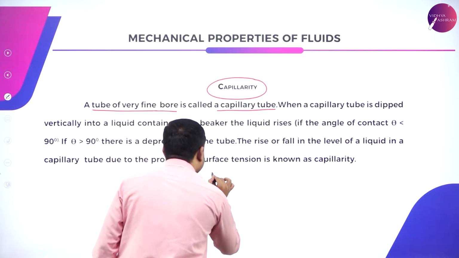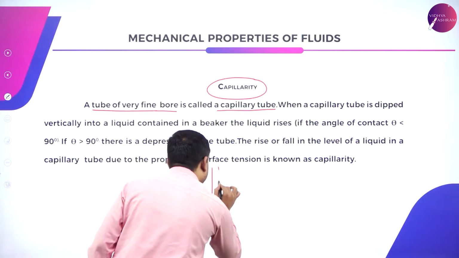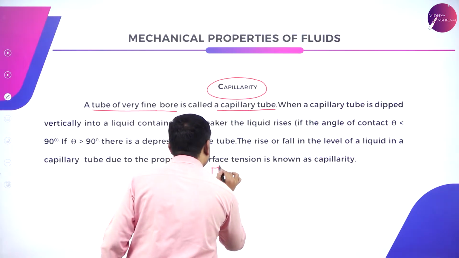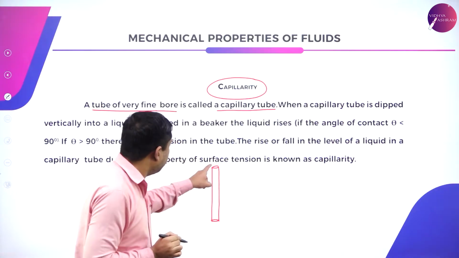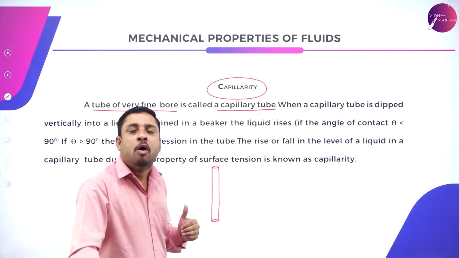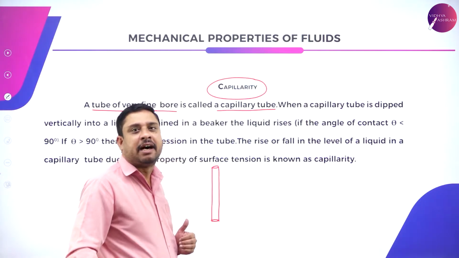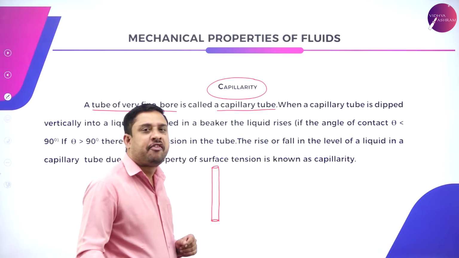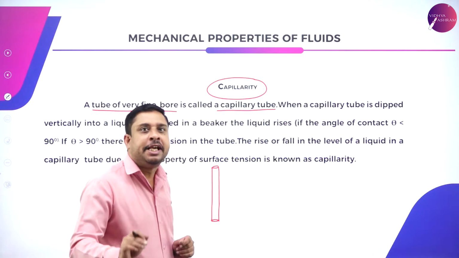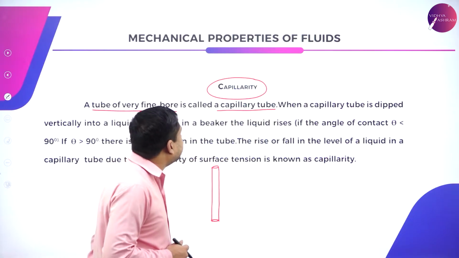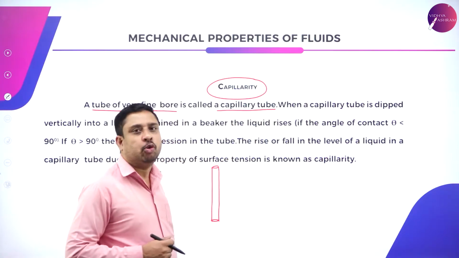So, suppose we have a tube of fine bores. Bores means openings. So a tube of very fine bore is called a capillary tube.